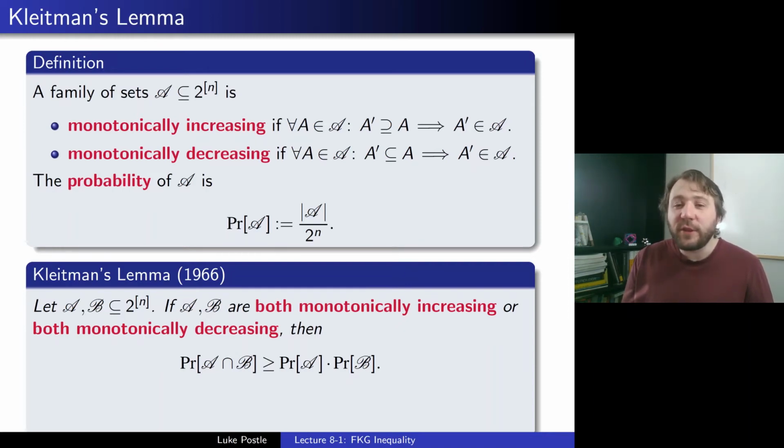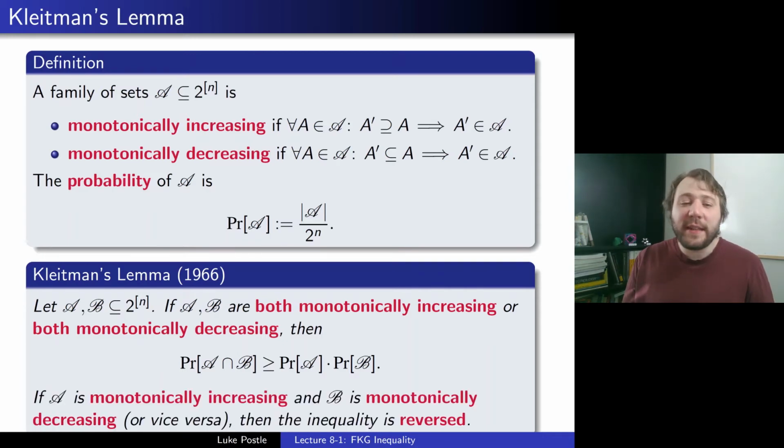You can view this as a counting argument if you multiply by 2 to the n, but it's maybe better to think of it in probabilistic terms. Essentially they're positively correlated. Whereas if one is monotonically increasing and the other is monotonically decreasing, or vice versa, then the inequality is reversed. They're less likely to have an intersection.